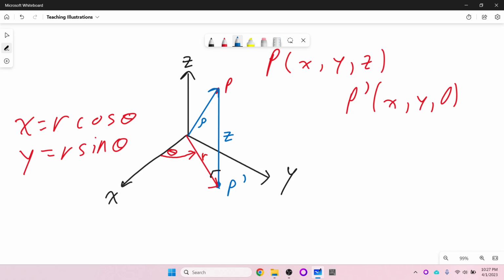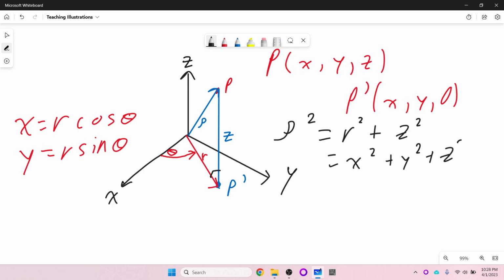Well, a couple things we notice here. Here's a right angle, so this triangle is a right triangle. We can use the Pythagorean theorem. And that would say that, if this is the right angle, then rho is the hypotenuse. So rho squared equals r squared plus z squared. But r squared, from our work with polar coordinates, is x squared plus y squared.